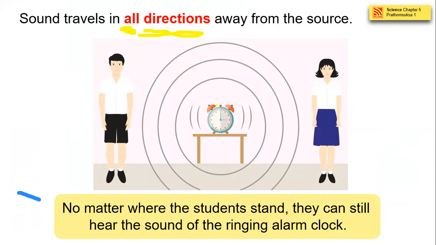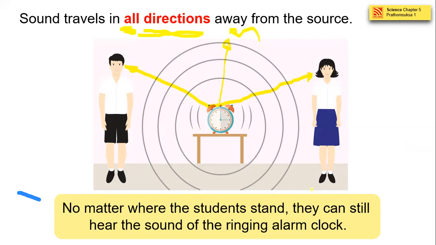Thank you, okay. Keep going. When we hear the clock ringing, the sound goes over here so the boy can hear it, but it also goes over here so the girl can hear it. And if there was a bird up in the sky, the sound also goes up there and the bird can hear it.